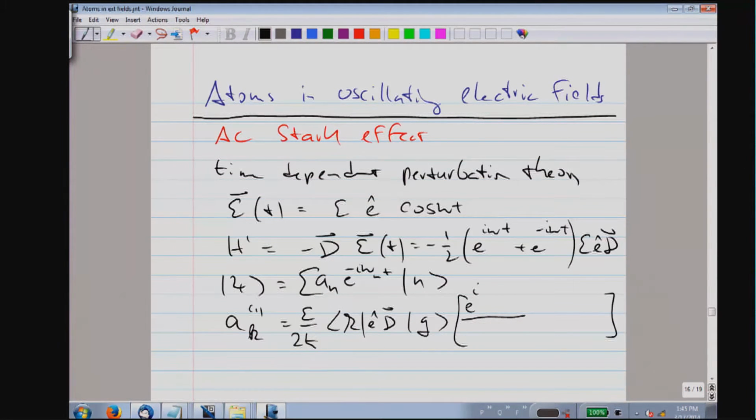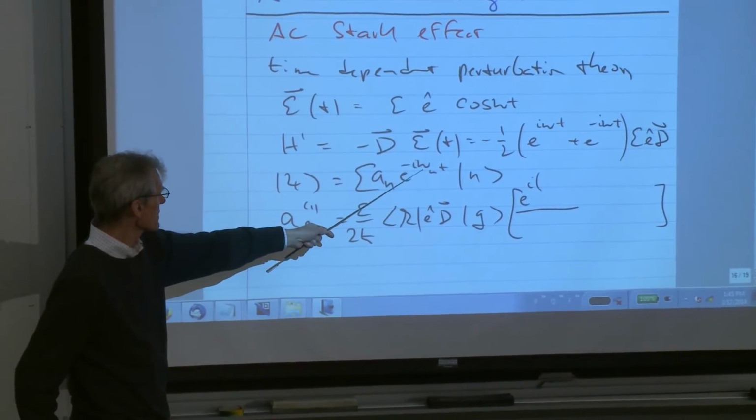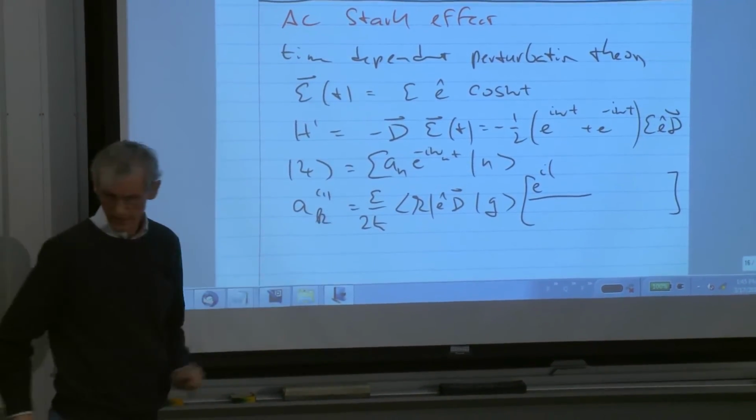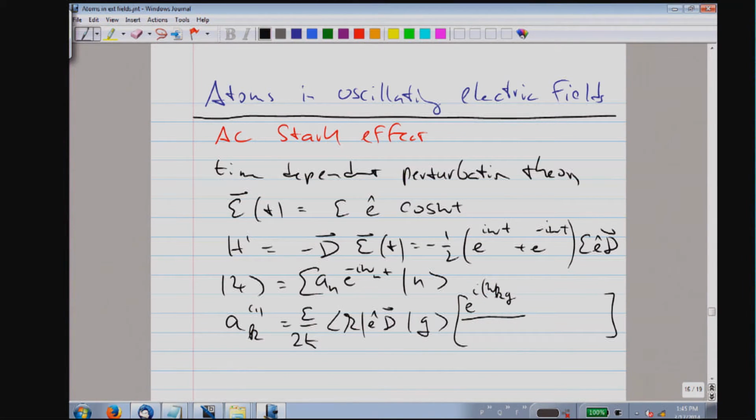e to the i. So what appears now is we have the frequencies omega_n of the excited state. And now when we couple the excited state k to the ground state, what appears is the frequency difference between the two. That's pretty much the excitation gap.